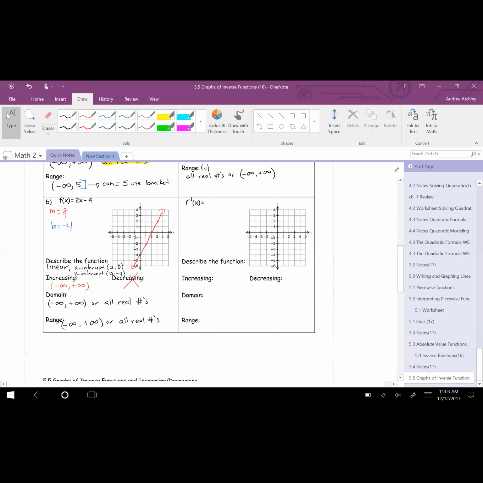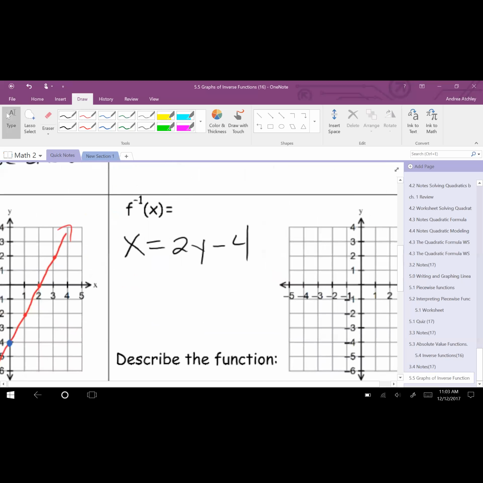Okay, now my inverse. So to write the inverse, again, I'm going to take my original equation and replace the x and y. So I'm going to get x equals 2y minus 4. And then I'm going to solve for y. Jada, what should I do first? Add 4 to both sides.